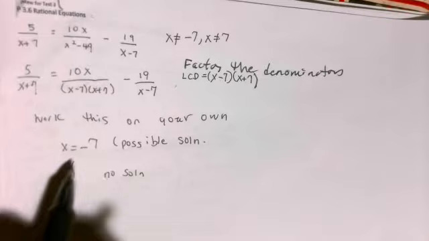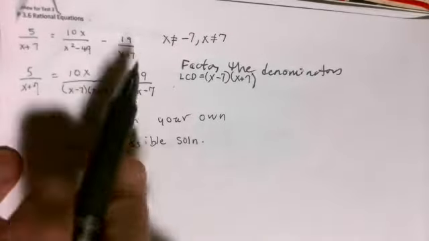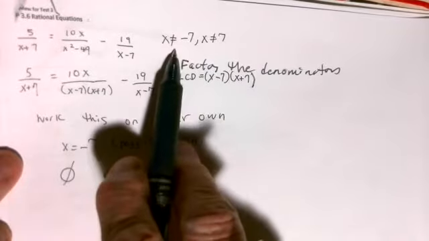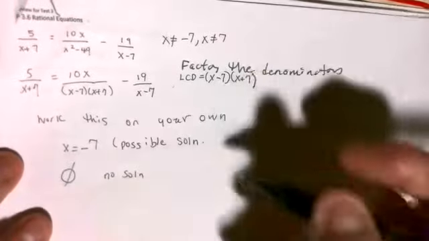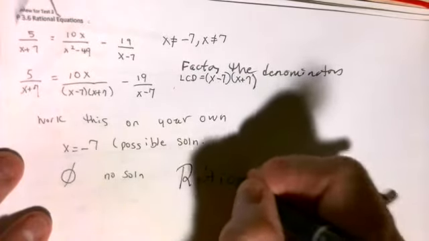And we get x equals -7, but can x be -7? X can't be -7 or 7. So this is a special thing for rational equations.